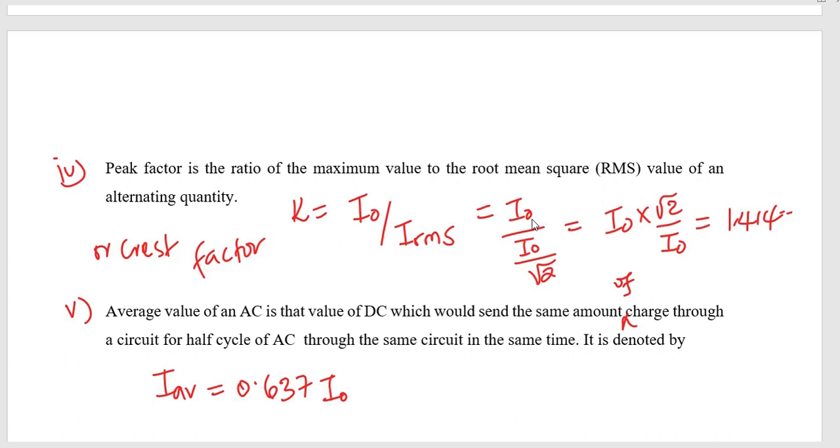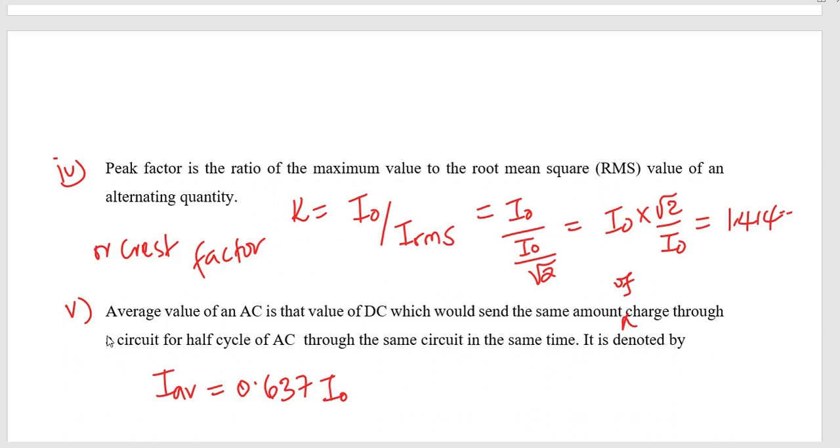The root mean square value is I naught divided by root 2, and this gives 1.414 as the crest factor for this alternating voltage with a sinusoidal form.